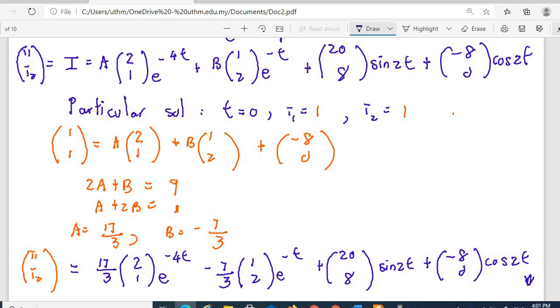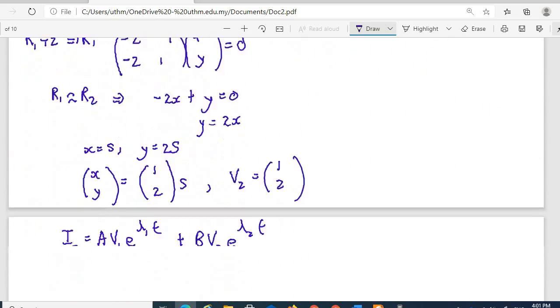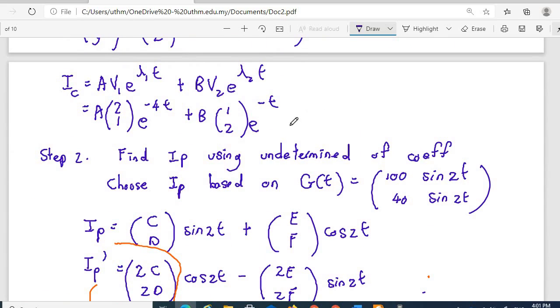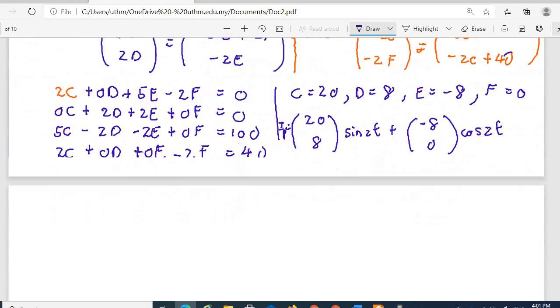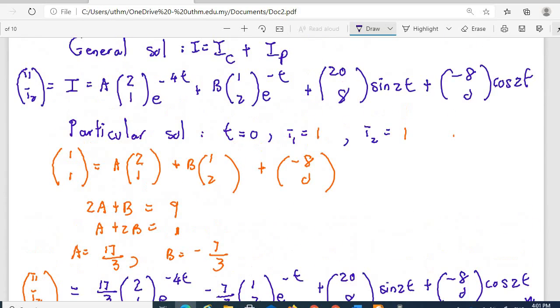Be careful. Some of you will tend to plug in the initial condition into IC, but it is wrong. You cannot plug in the initial condition into the IC to obtain A and B, because IC is only the homogeneous system. Your system is non-homogeneous, so you must get the solution for a non-homogeneous system which consists of IC and IP.